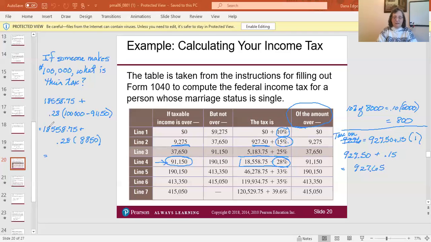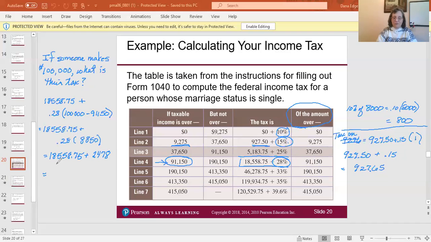So now we've got 18,558.75 plus 28% of 88.50, which is going to be another 24.78.